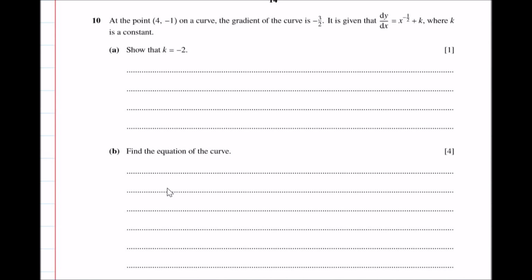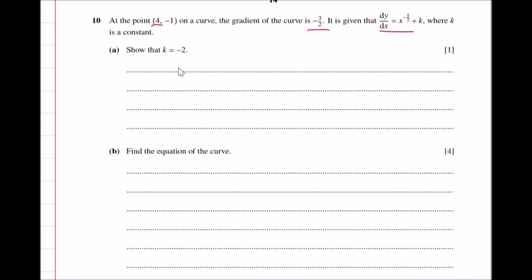So, what we can do, dy by dx, given here minus 3 by 2. Gradient is minus 3 by 2 means at x equal to 4, dy by dx value is minus 3 by 2. Okay. This is given here x equal to 4. This is the gradient given and this is dy by dx given.